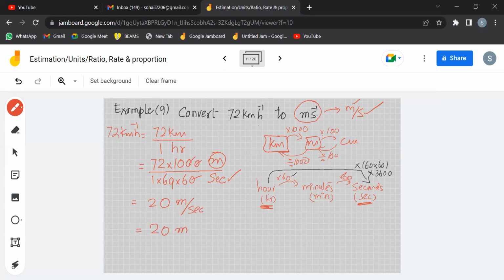In this way, 72 kilometer per hour is equal to 20 meters per second.